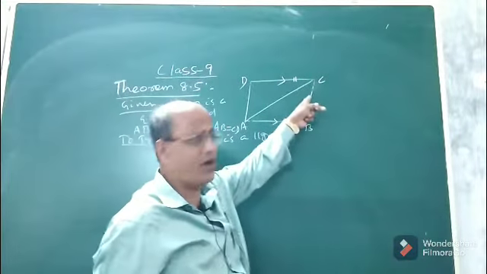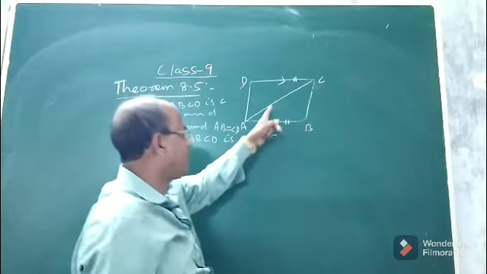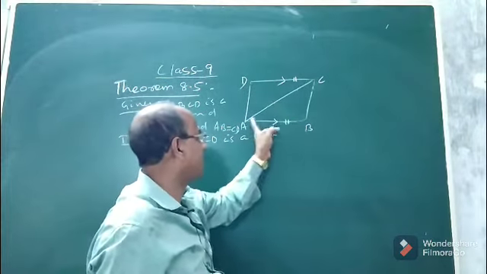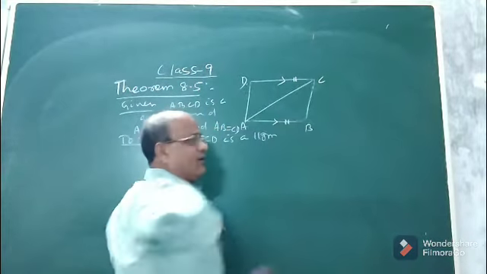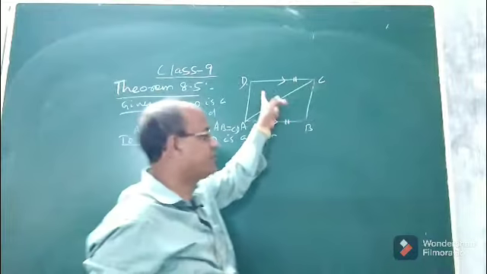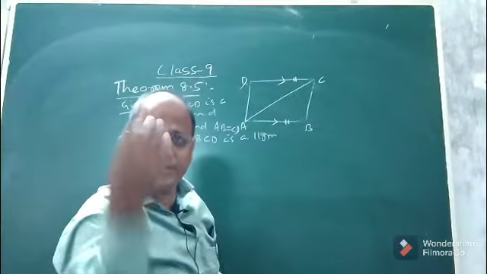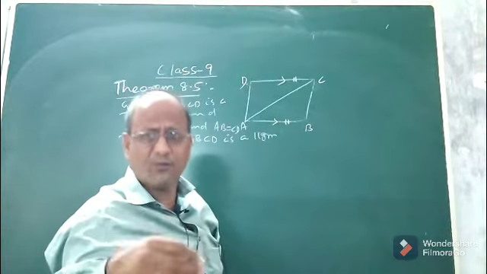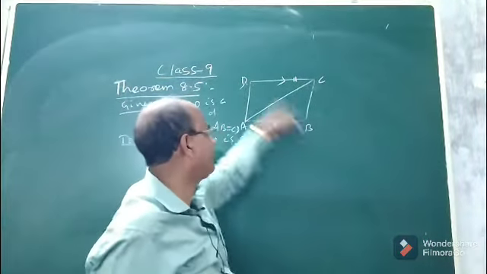See, now when you join the diagonal AC, the quadrilateral has been divided into two triangles. Now you can easily prove that triangle ABC and triangle CDA will be congruent. We have to show that it is a parallelogram, and to show it is a parallelogram, what is needed? It is sufficient to show that AD is parallel to BC.